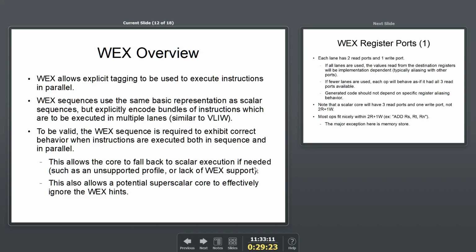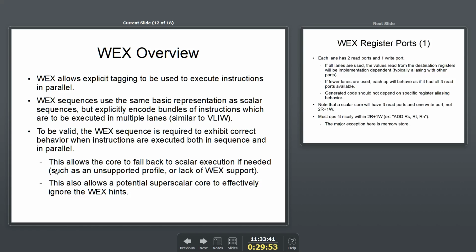Basically, because both 2 wide and 3 wide cores are a possibility at this point, there needs to be logic to deal with the case where code was generated for a 3 wide core but is only executing on a 2 wide core.